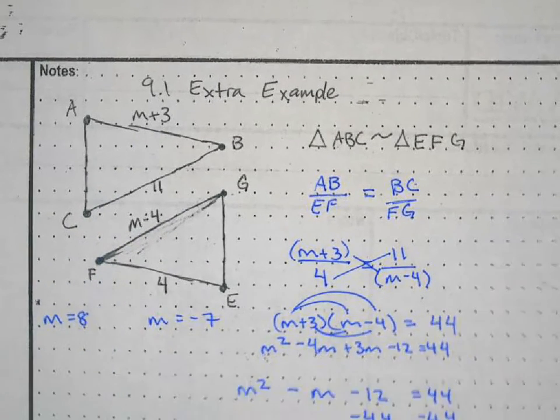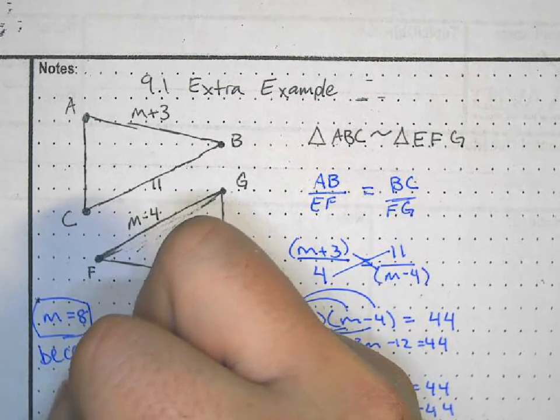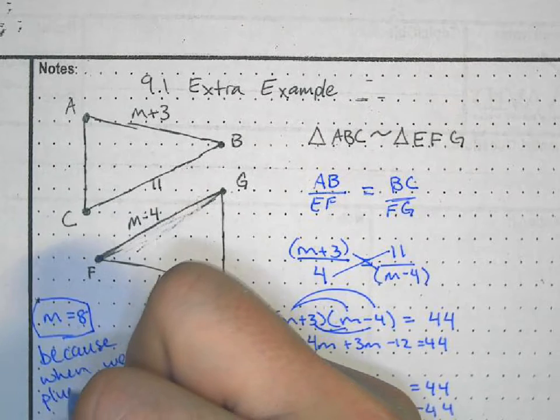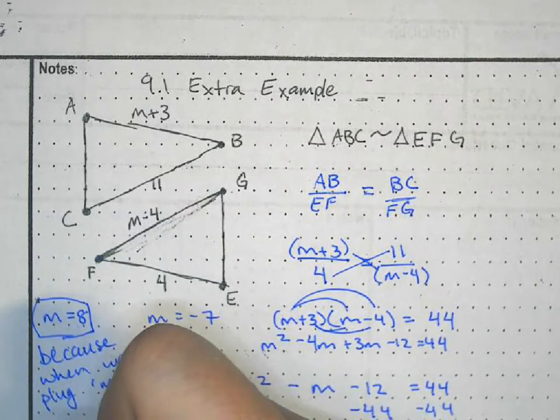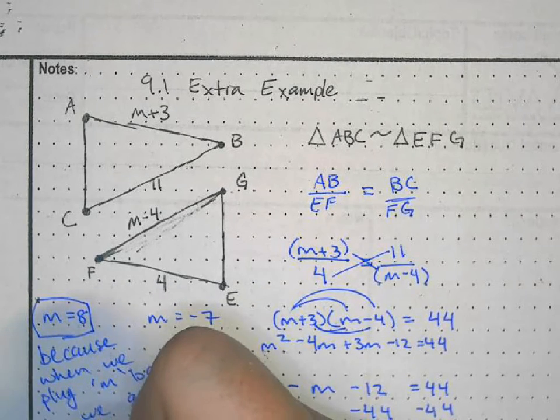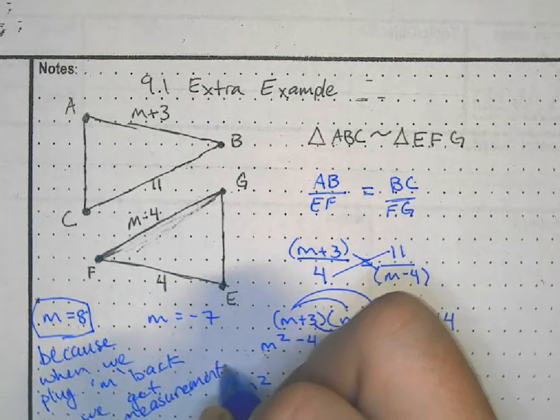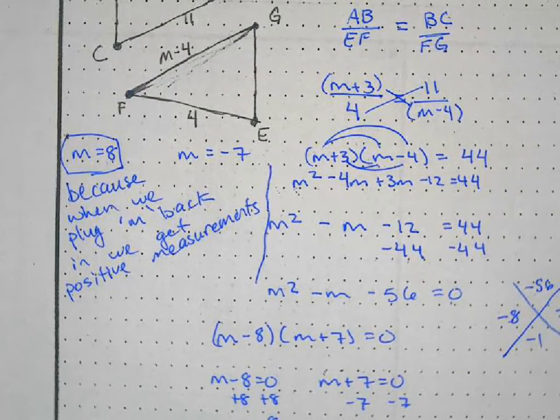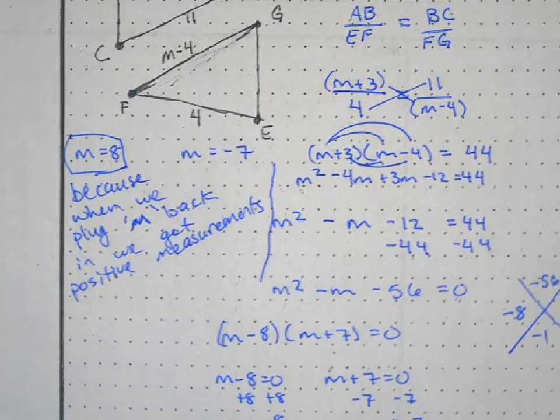So those are both positive, so we would keep this one. So just something to keep in mind, we want to make sure that we get the positive measurements, like so.